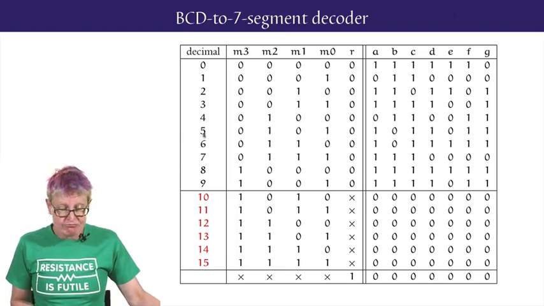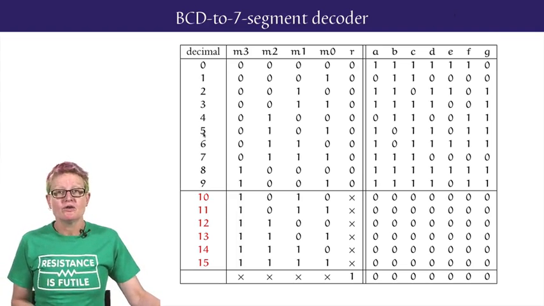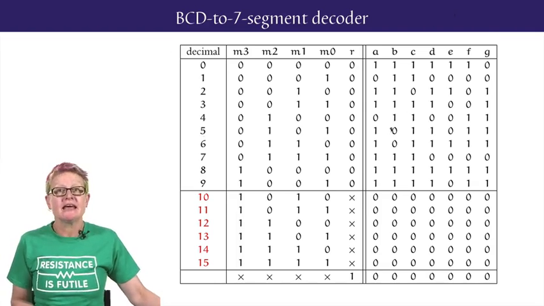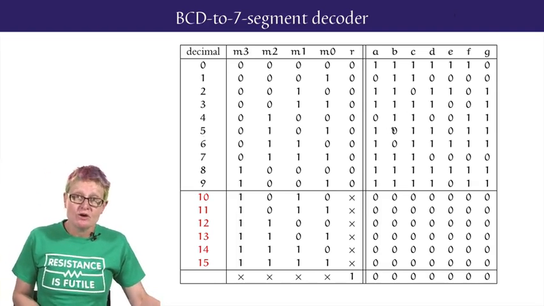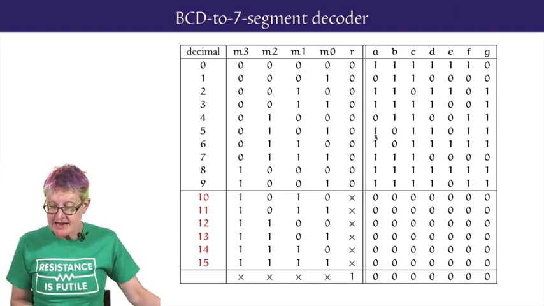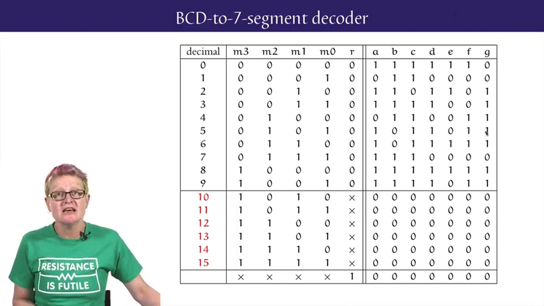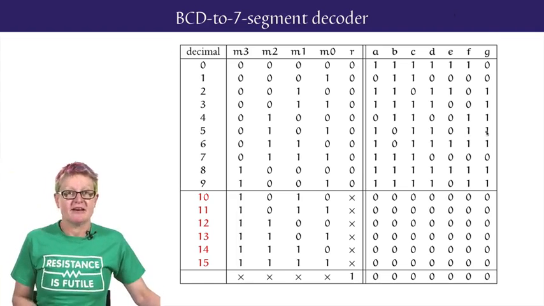For example, take decimal 5, that should light up the segments A, C, D, F and G. We go into the truth table and yes, A, C, D, F and G are to be activated.